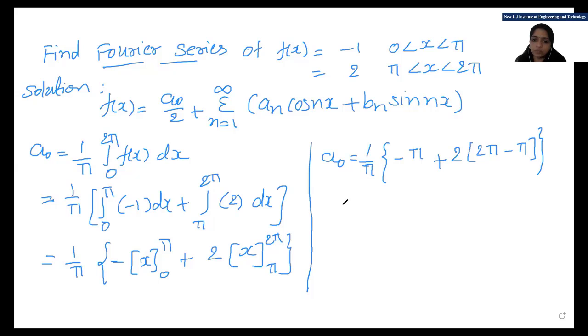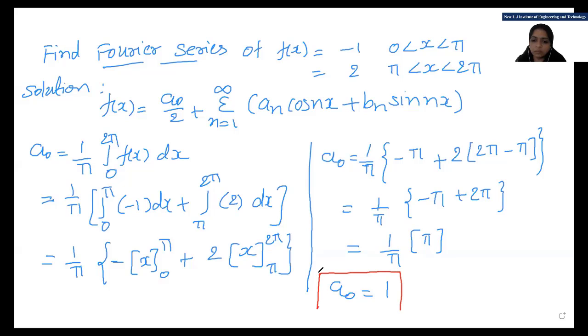Okay, so after simplification, here minus pi, this is 2 pi minus pi, that is just pi, but here 2, so 2 pi and 2 pi minus pi again, so pi by pi, right? And pi by pi is 1, so our value of a0 is 1. Is there any doubt to anybody for the value of a0? Okay, so let's move on.